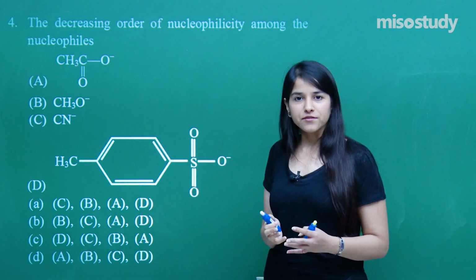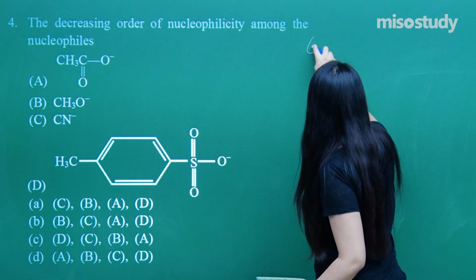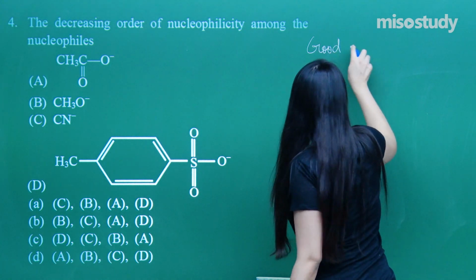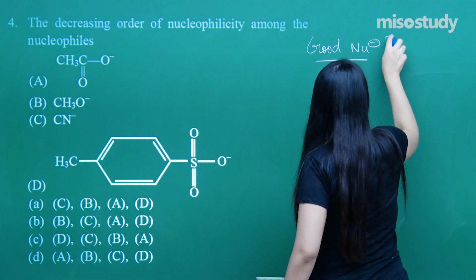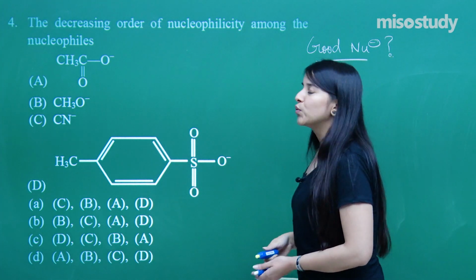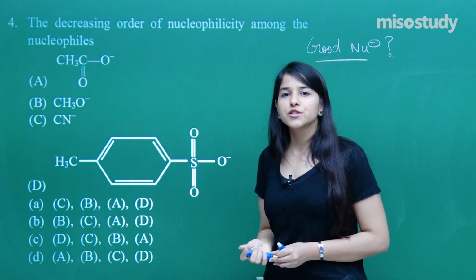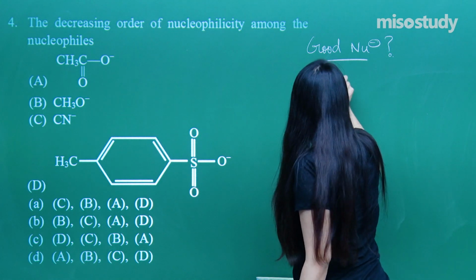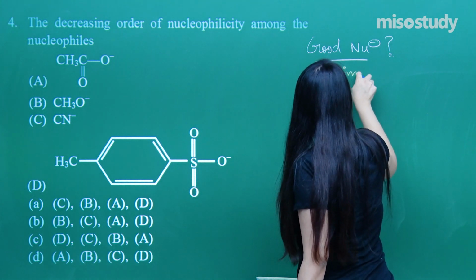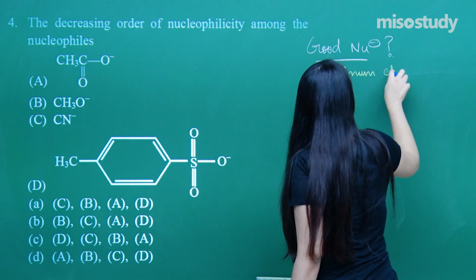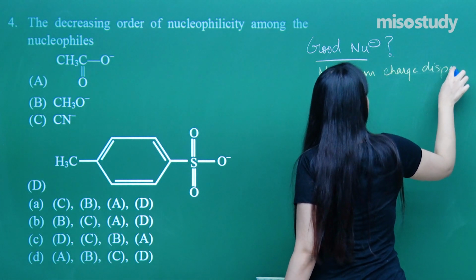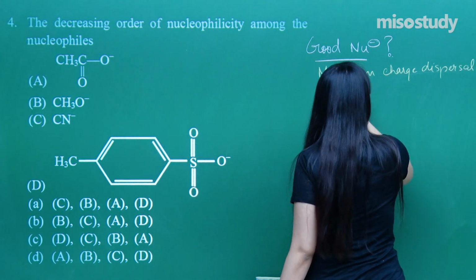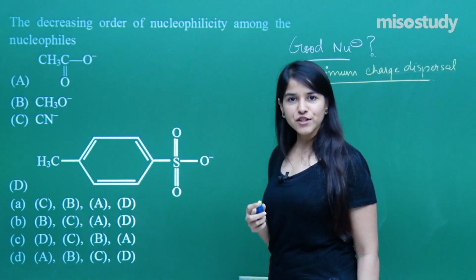So if you observe, what is a good nucleophile? Again, just like in the case of leaving group, a good nucleophile is the one which has maximum charge dispersal, holding capacity you can say, it can hold on to the negative charge very properly.